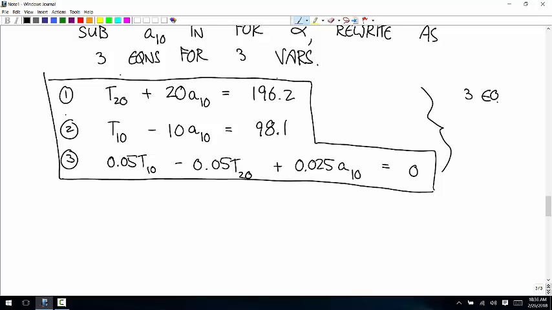So 3 equations, 3 variables. If you solve that system of equations, you can do it with reduced row echelon form or just keep doing it by substitution. But I believe what I have written here is that you get A10 is 3.22 meters per second squared. What did we get for the first one? Oh, I don't have them written, do I? Maybe I do.